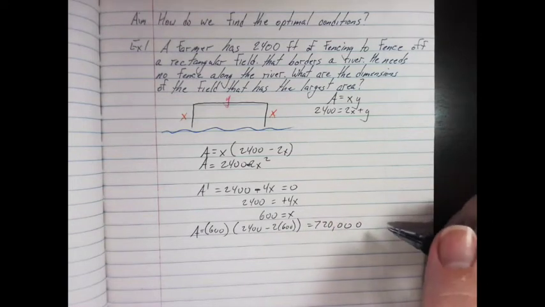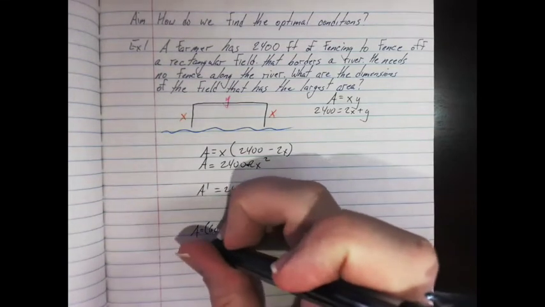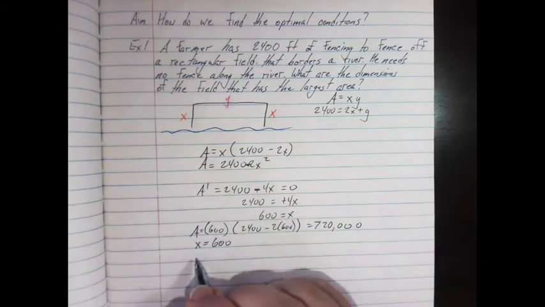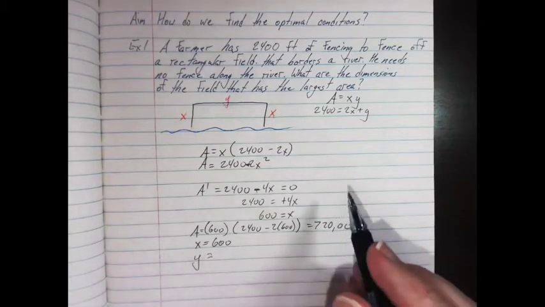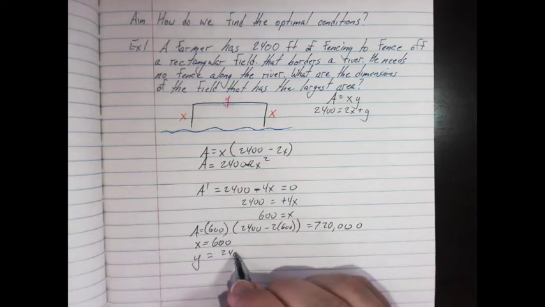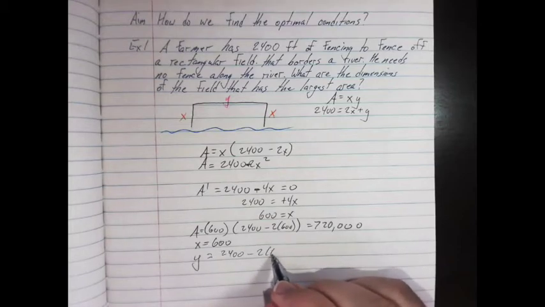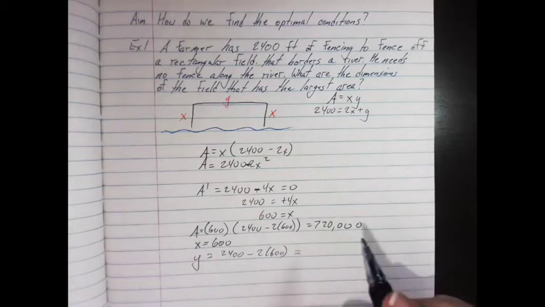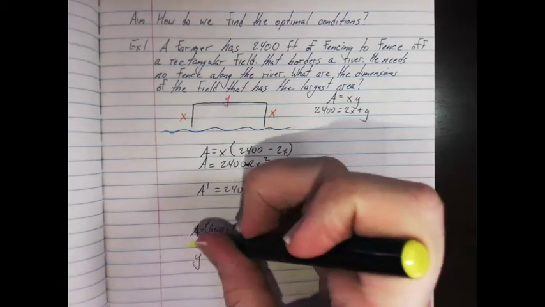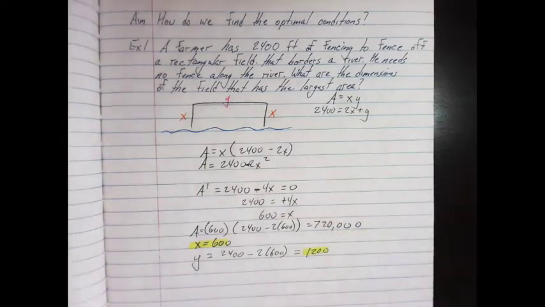And now we know that x has to equal 600, because they did ask us for the dimensions, so we need to actually find our dimensions. x is 600, and y I can use this part for. It's just going to be 2,400 minus 2 times 600. That's going to be 1,200. So the dimensions which we want, x is going to be 600, y is going to be 1,200. That'll give us our largest area.